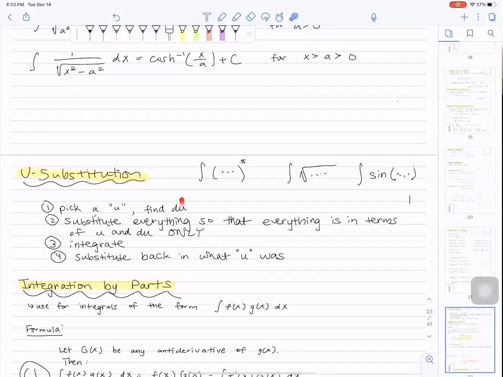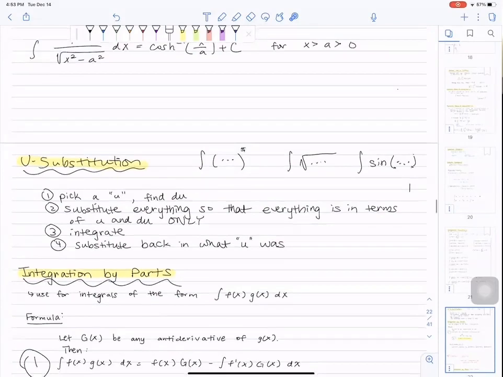Then you take its derivative and you want to substitute everything in your integral so that it only has u's and du's. You don't want any other variable in there. That should make things simpler so that you can integrate a nicer function. And then once you integrate it, you want to plug back in what u was so that now your answer is in terms of x or whatever variable you originally had.